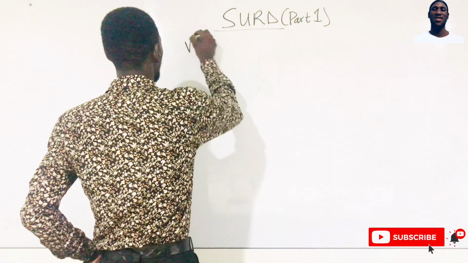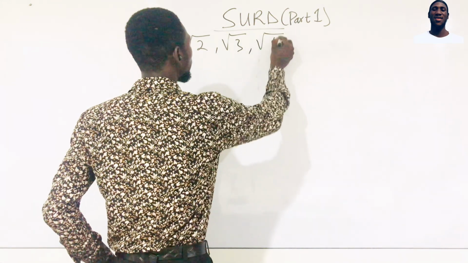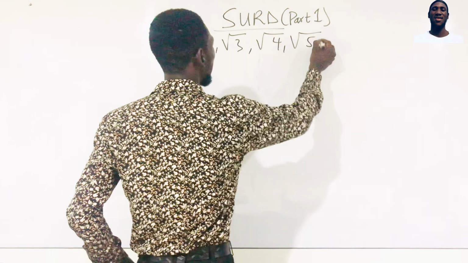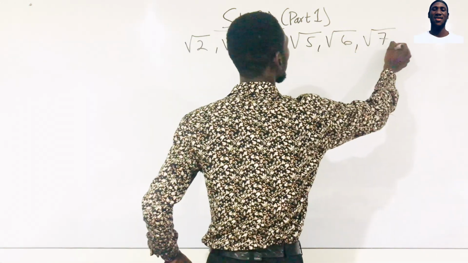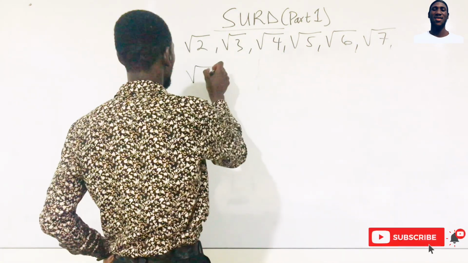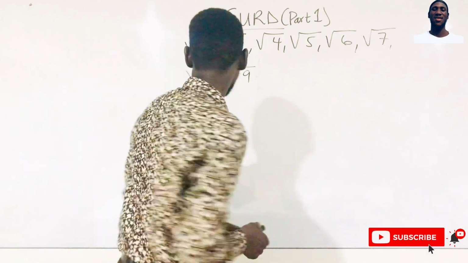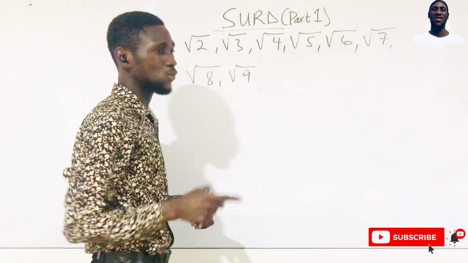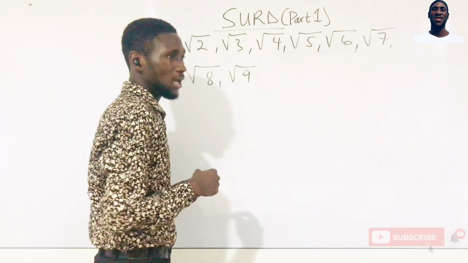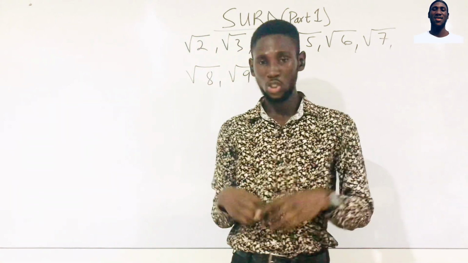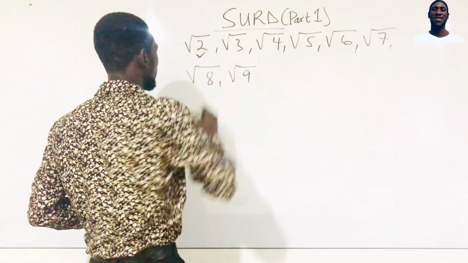So root of 2, root of 3, root of 4, root of 5, root of 6, root of 7, root of 8, root of 9. Let's end here. Now, root of 2, when you punch it in your calculator, it will give you an irrational number. An irrational number is a number which is not a whole number. Okay, so this is a SHS.